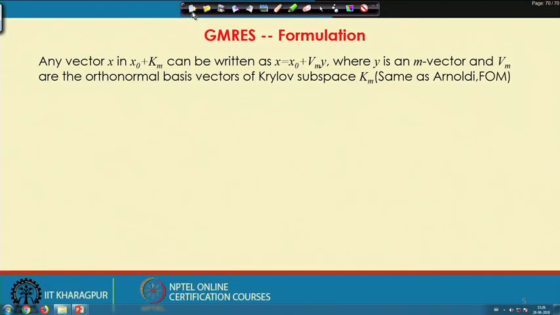So, let us start the discussion on GMRES formulation, which we covered in the last session. I will quickly recap the formulation part also before going into the algorithm in this particular session. Any vector x in the affine space x 0 plus K m can be written as x is equal to x 0 plus V m y, where y is an m vector, y has m components, a vector in R m, and V m are the orthonormal basis vectors of Krylov subspace K m.